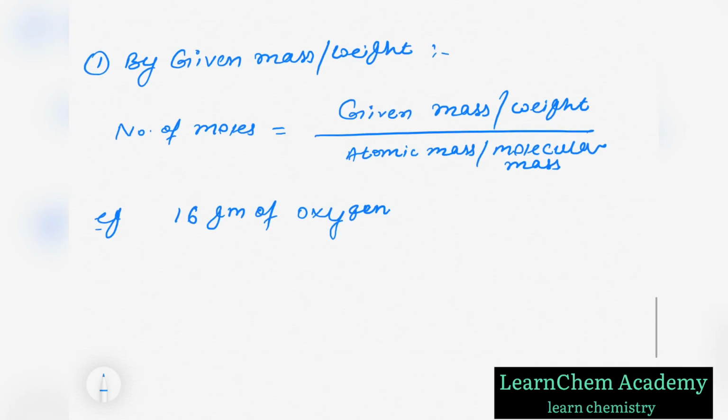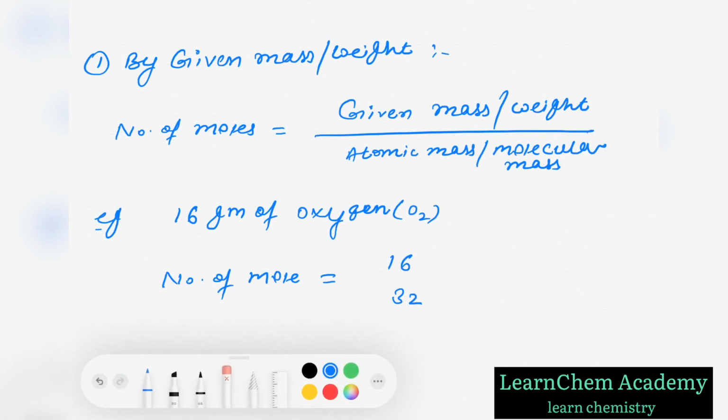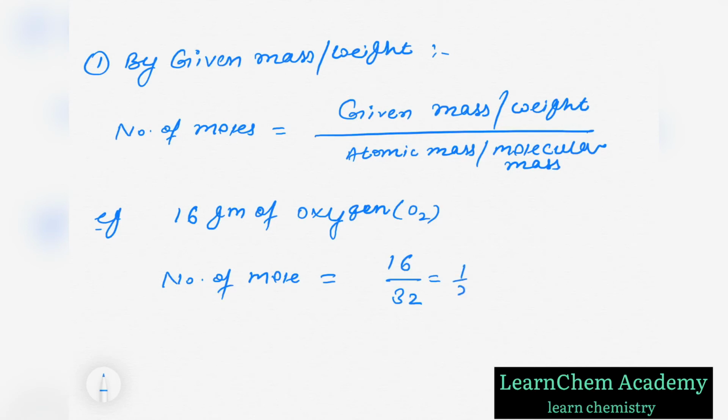So in 16 gram of oxygen, the number of moles equals given mass 16, and oxygen means this is O2, so its molecular mass is 32, so we can write here half mole, or 0.5 mole.